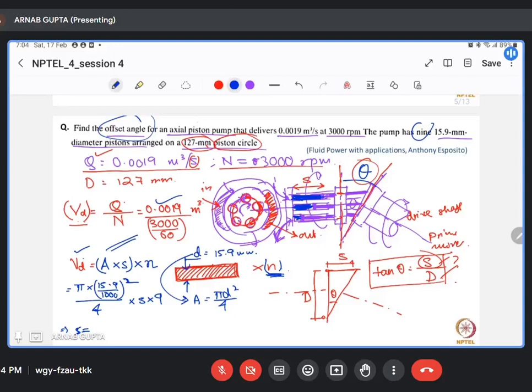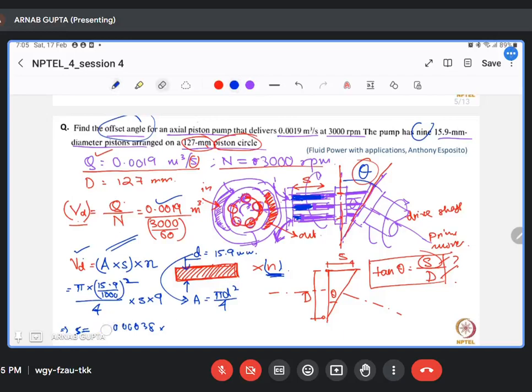Okay, let me simplify the terms. 0.0019 divided by 3000 by 60. So we'll get 0.00038, multiplied by 4. I'm just writing the final answer.